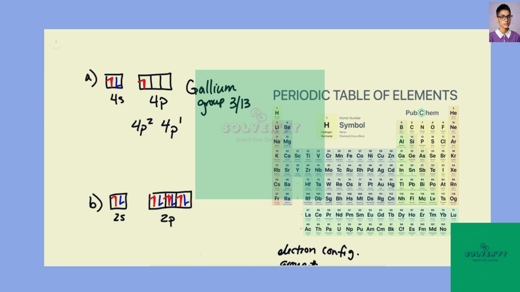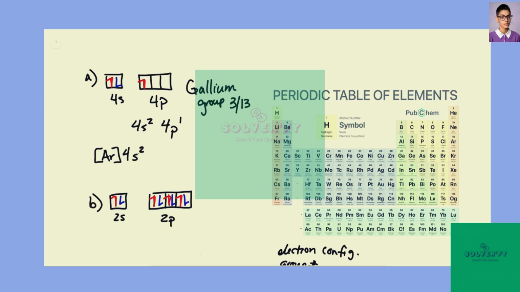If we wanted to write the condensed electron configuration including the 3d electrons, which they've magically forgotten, the most recent noble gas from gallium is argon. So we're going to put argon in brackets, and then 4s2.